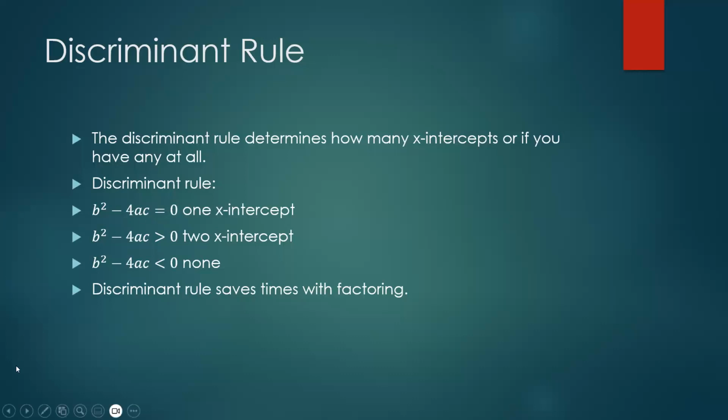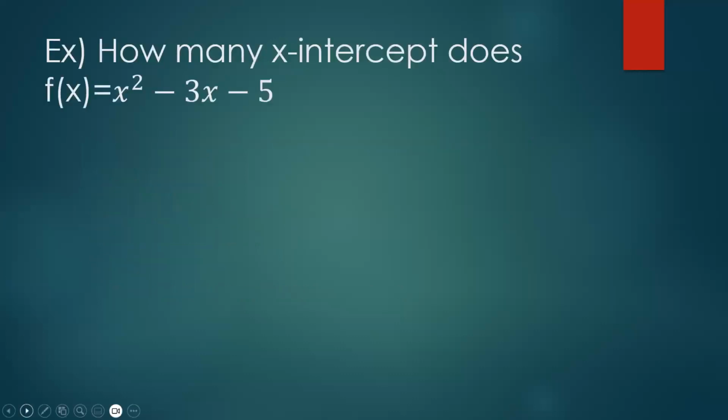So let's do an example. How many x-intercepts does this quadratic function have? Let's figure out our a, b, and c. Our a value is 1. By the way, this is a quadratic in standard form, not vertex form. Our a is 1 because it's the coefficient of the highest power. Our b is -3, and my c is -5.